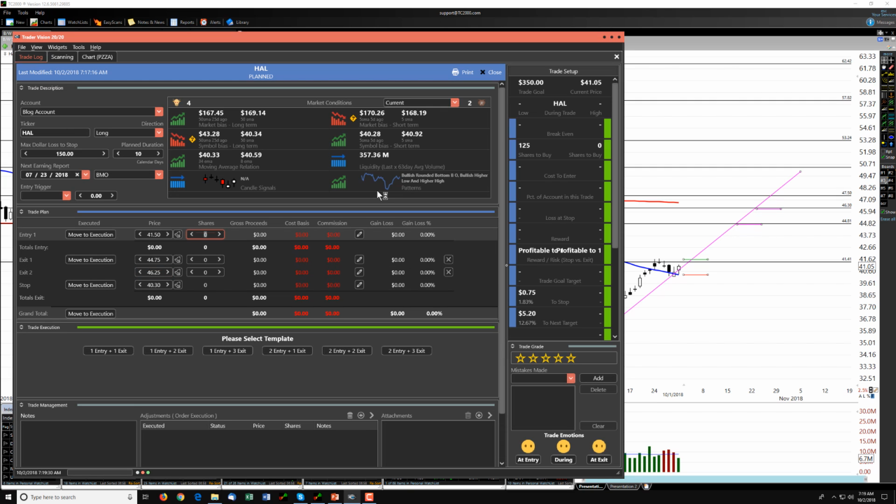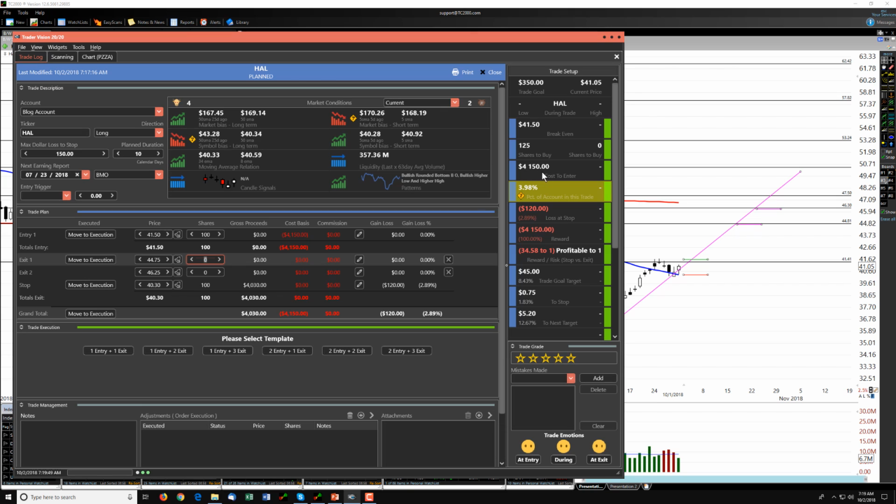So it says we can do 125 shares. Let's look at 120 shares. That may be too much. Yes, it is. Let's look at 100 shares. For this account, that will squeeze us under 4%. And we'll go ahead and take that.